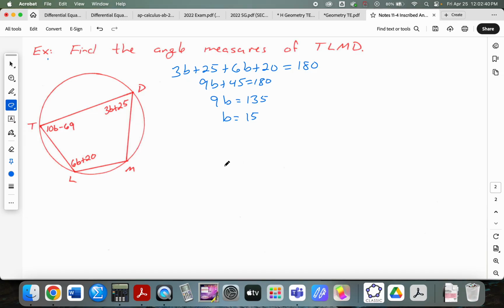Now we can start finding the angles. I'm going to start by finding D and L. The measure of angle D will be 3 times 15 plus 25, which is 70.